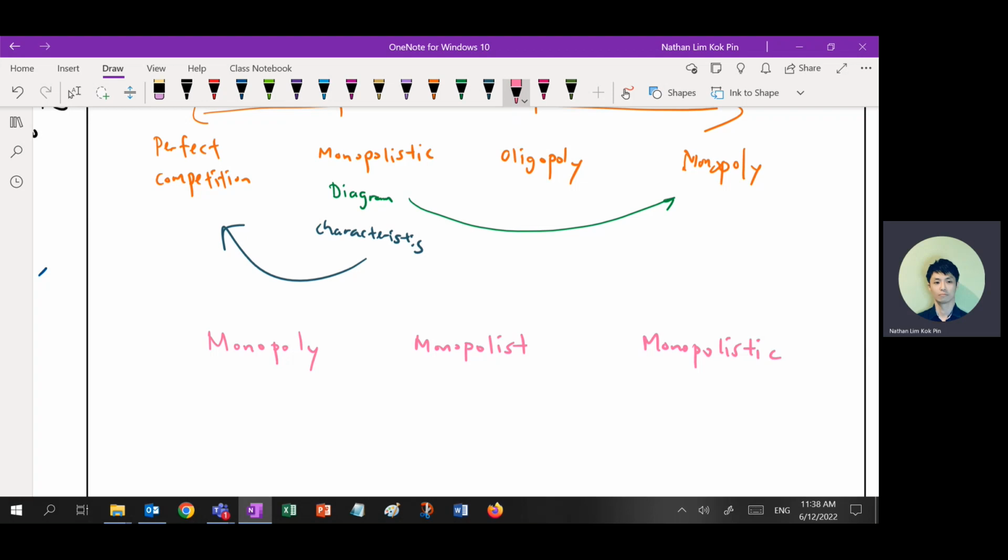These 3 words are very close to each other. What's the difference? Don't know? You have no idea.